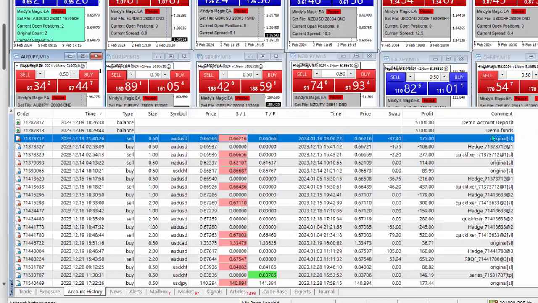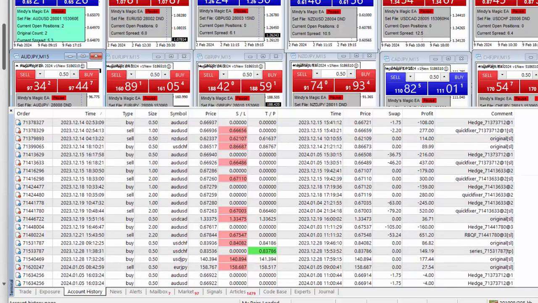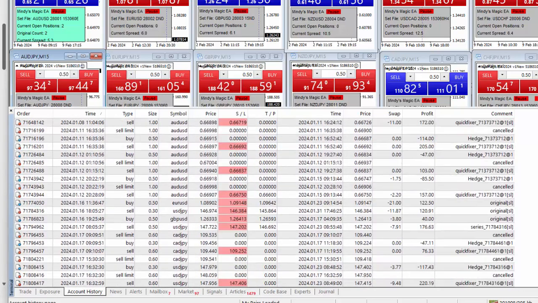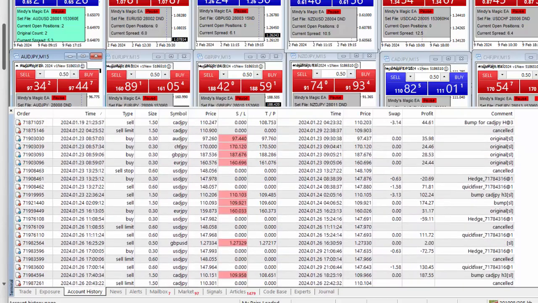Now, you can see that with both of my EAs, both the Mindy's Magic version 56 and MegaMagic, the EA tells you in the comments everything that it's doing, okay? And so it's telling you if it's making an original trade, if the trade needs a hedge, and if there's a quick fixer involved.